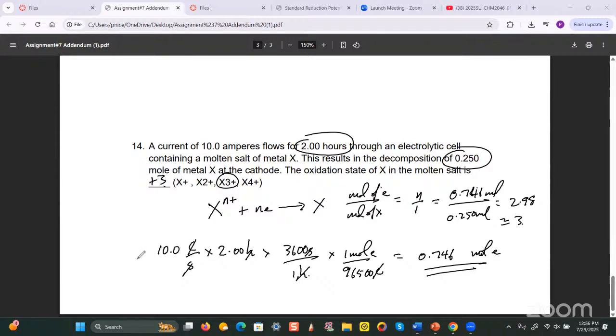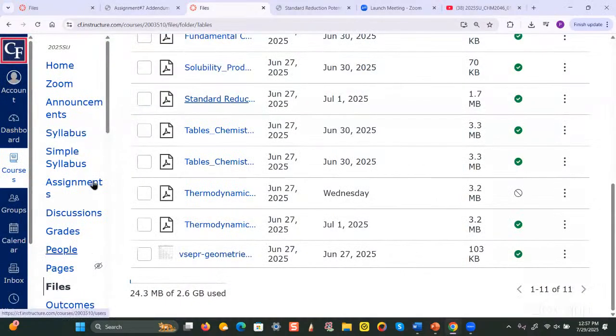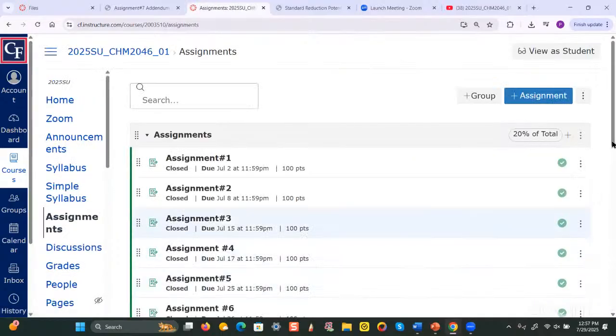So what you're going to do is, when you're submitting this, you're going to basically submit that along with assignment number 7. So assignment number 7 plus the addendum will be submitted. In fact, what I'm going to do now is set up a Dropbox for that. And this is assignment number 7.